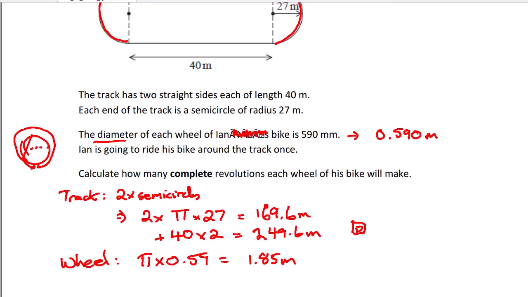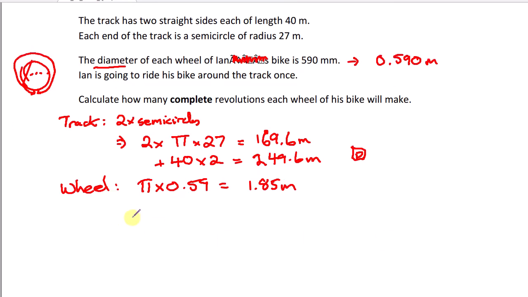So the number of cycles is the track divided by wheels. Store that in memory C. So track divided by wheels.